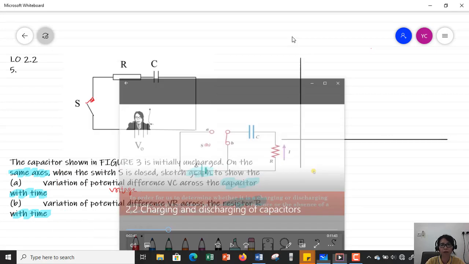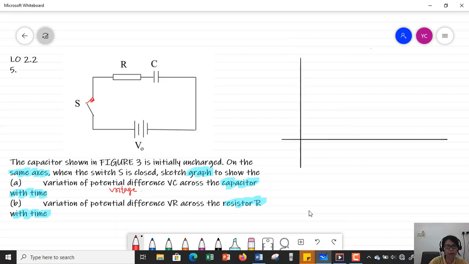So for this question, since when we close the switch our capacitor is connected to a battery, there is a presence of battery. So we know that this is a charging circuit.